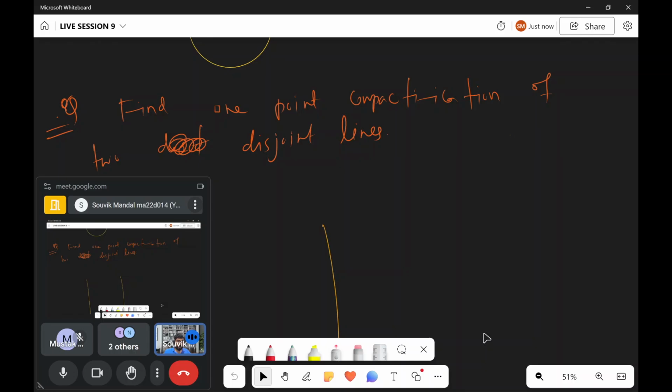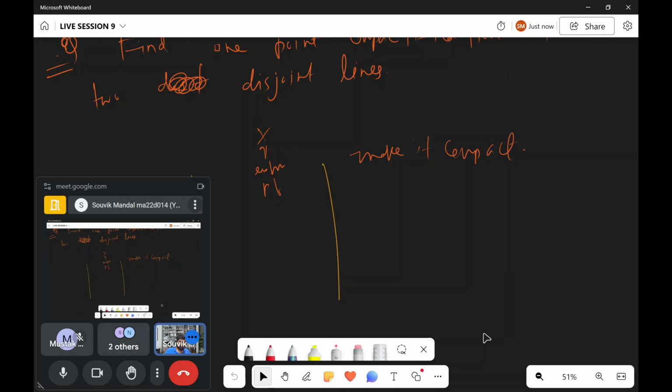You need to add an extra point and make it compact. Please first think about it by yourself, else I shall give the argument.